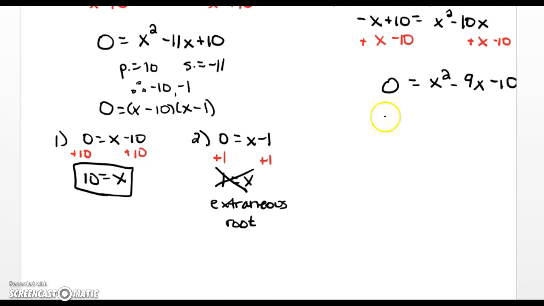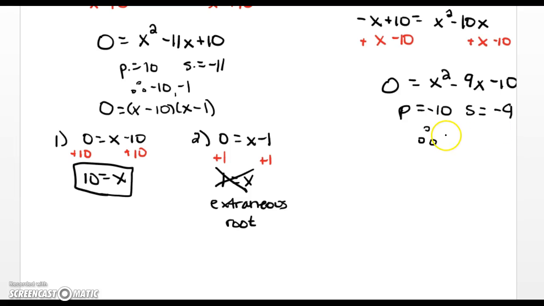Here we have a trinomial, which means we can use factoring to solve. We'll look at the product and sum method. Our product here is 1 times negative 10, which would be negative 10, and our sum is that middle value, which is negative 9. Think of two numbers that multiply to negative 10, but have a sum of negative 9.